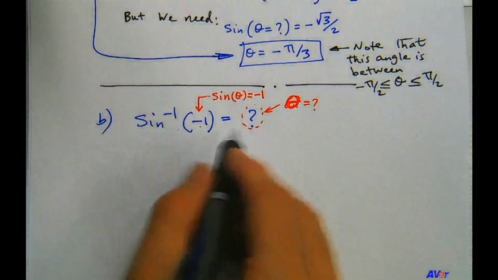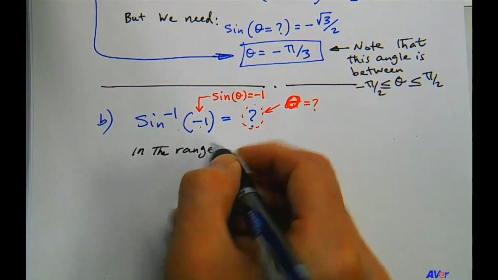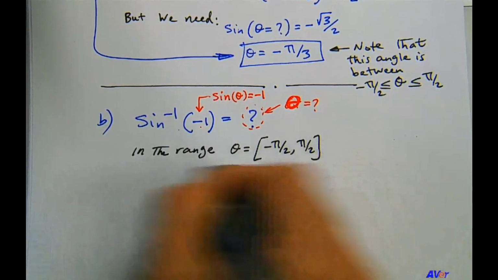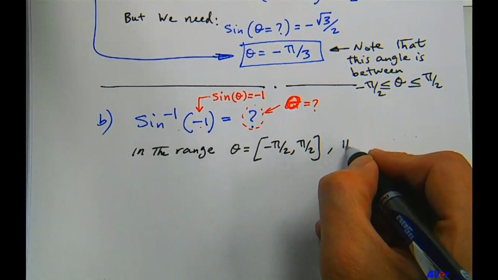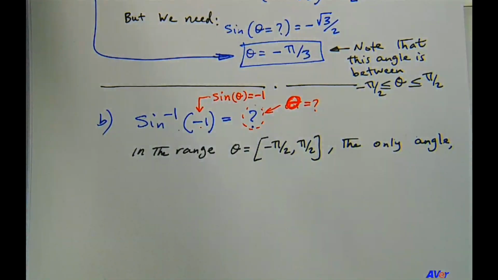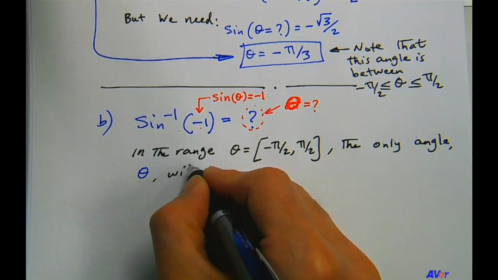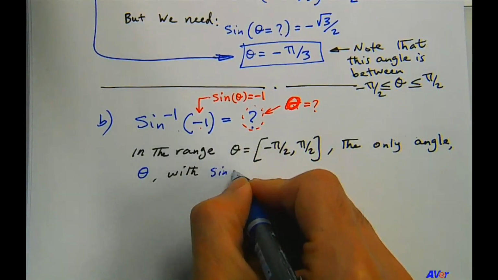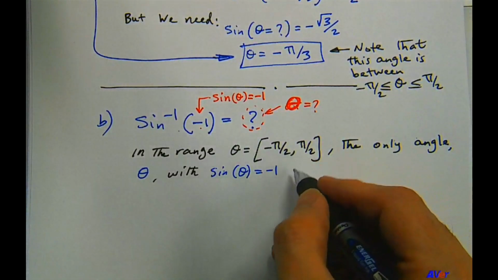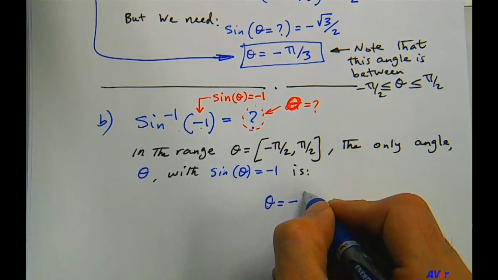So in the range for theta, which is -π/2 to π/2, and I'm using the interval notation this time, the only angle theta with sine of theta equal to -1 would be -π/2.